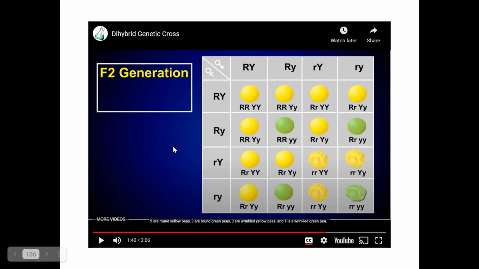Very soon we're going to look at how we draw a dihybrid cross, looking at 2 different alleles. It's really important for us to do that and have some good practice with it. A 9:3:3:1 ratio exists within the F2 generation, which is commonly seen.